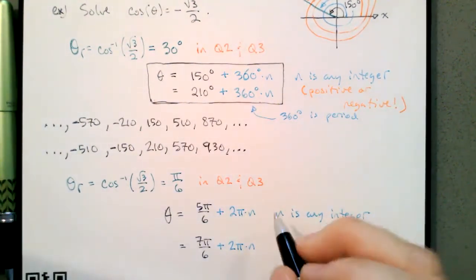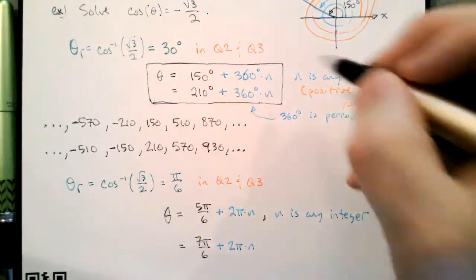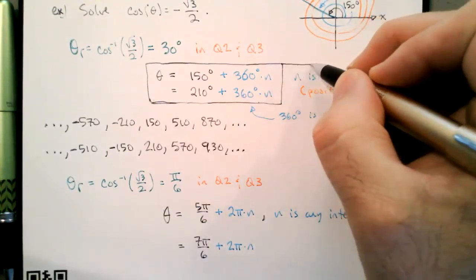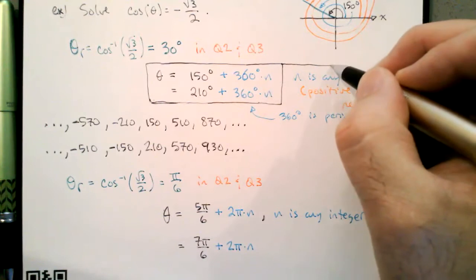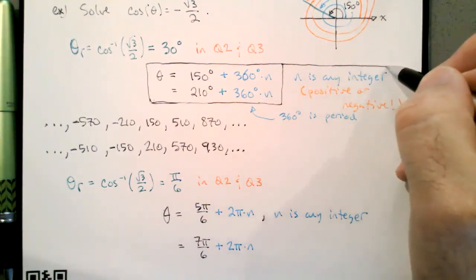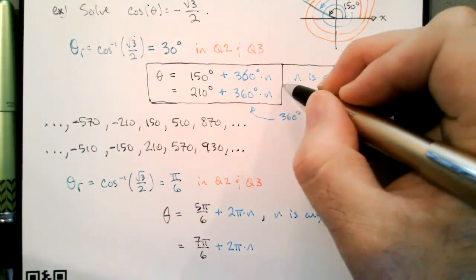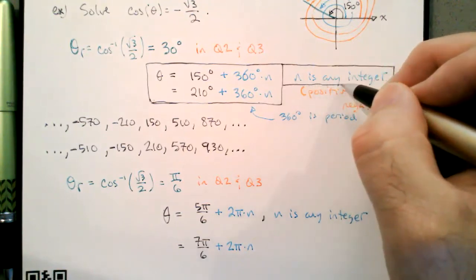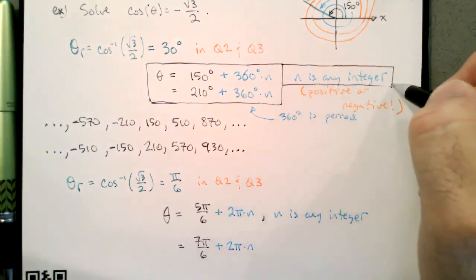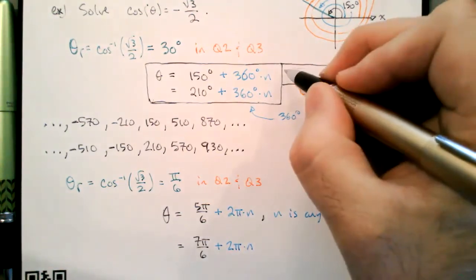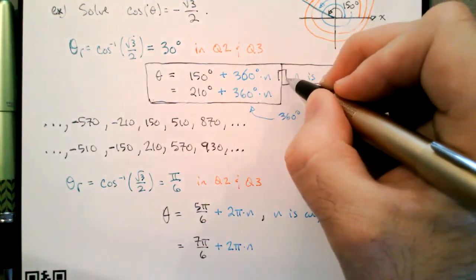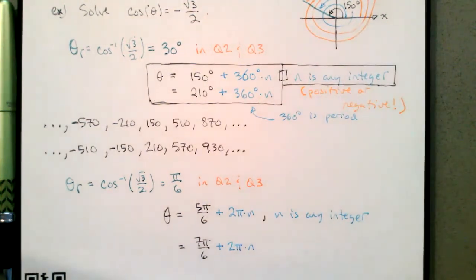I forgot to include that in my example above, so I need to build an annex. I'll put a door in between those two. So 2 pi is the period when we're dealing in radians. N is still any integer.